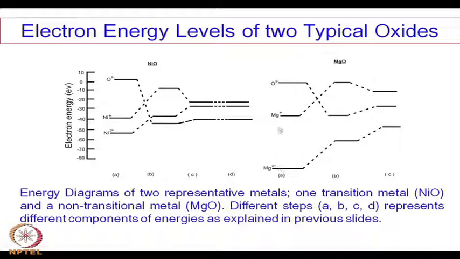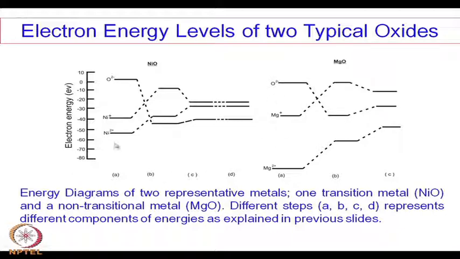Sorry, not the isolated element; it is for the first step, that means the electron affinity and ionization potential. If you just look at the electron affinity and ionization potential of these ions, the relative energy levels are like this: Mg2+ the lowest energy, Mg+ the next highest energy, and O2- the highest energy.